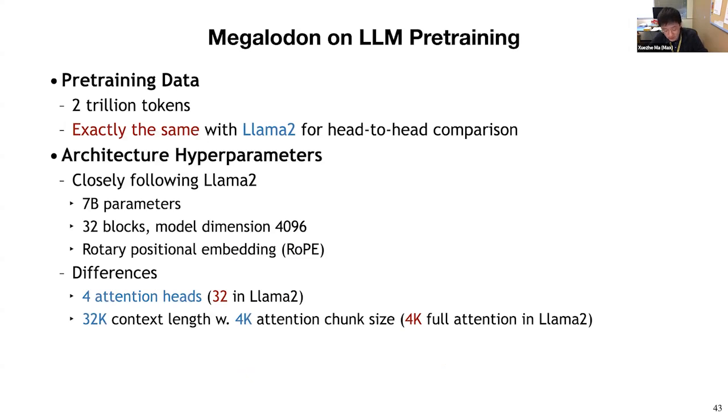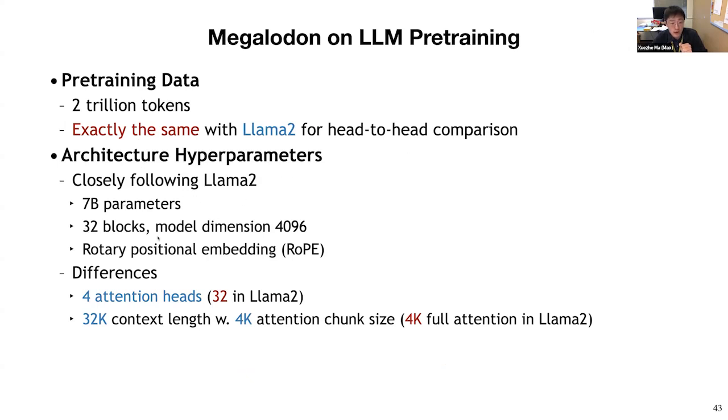And we also scale up Megalodon to a 7B parameter model and pre-train it on 2 trillion tokens. We use exactly the same 2 trillion tokens used in the Llama 2 model so that we can do a head-to-head comparison. For other architecture hyperparameters, we closely follow Llama 2.